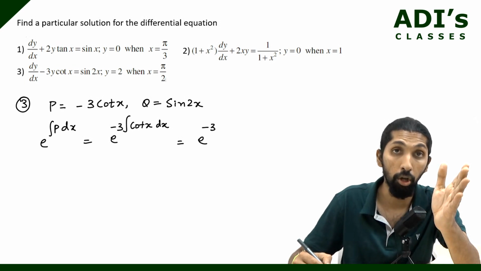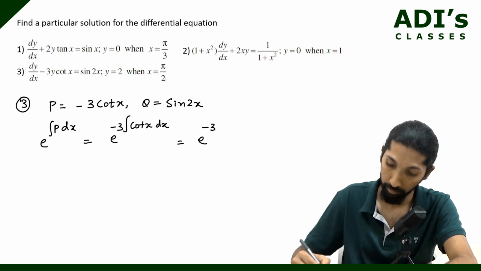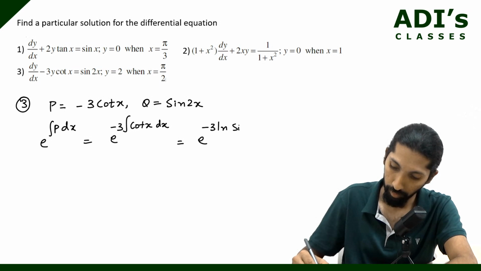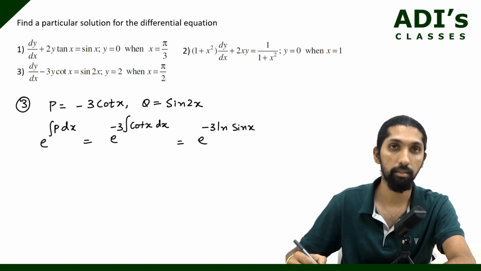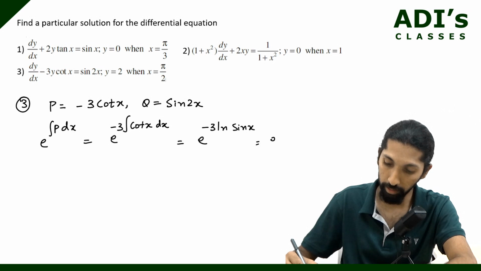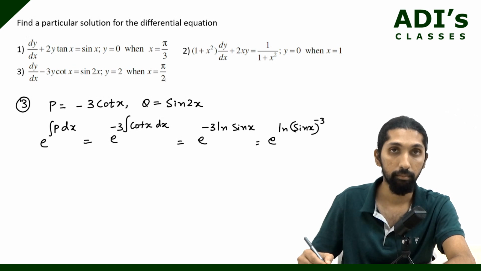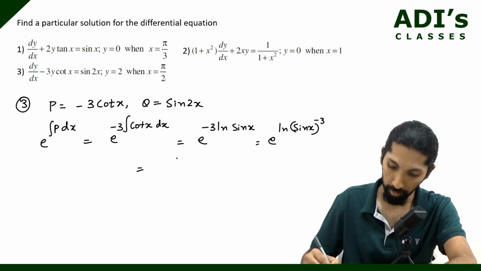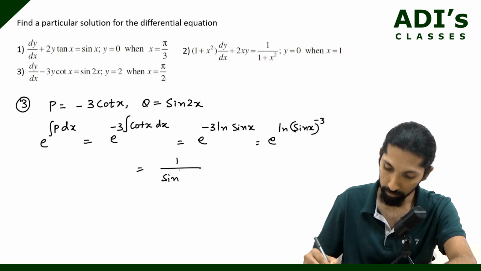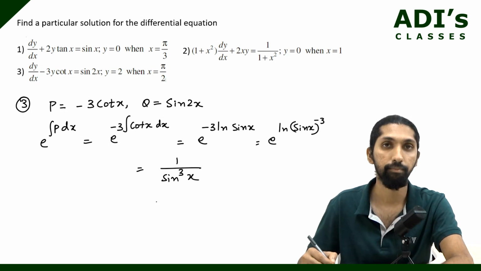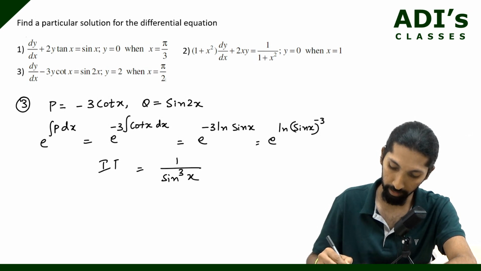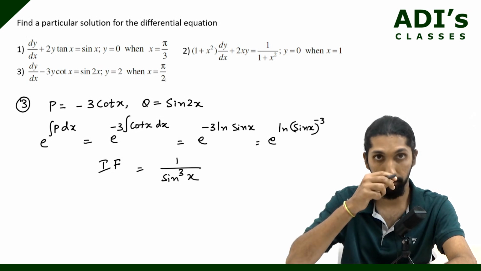Integration of cot x is log of sin x, correct? Or this is e to the power log of sin x power minus 3, which is nothing but 1 by sin cube x. So this becomes the integrating factor, isn't it?